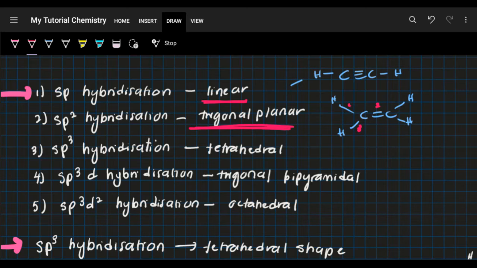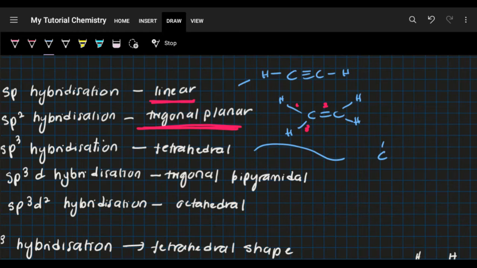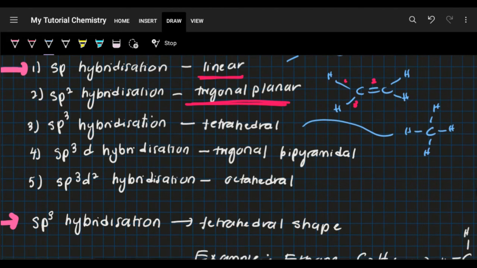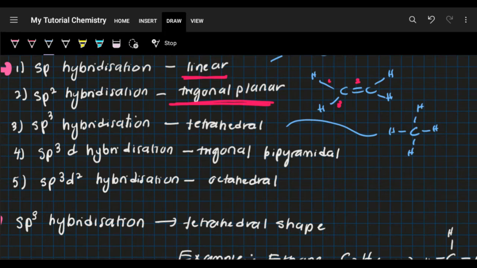Then sp3 hybridization, when the central atom has a tetrahedral shape. For example, methane, this is the tetrahedral shape. Then sp3d hybridization, trigonal bipyramidal, when the central atom has 5 electron domains.